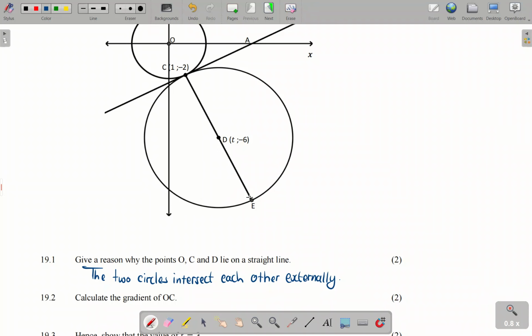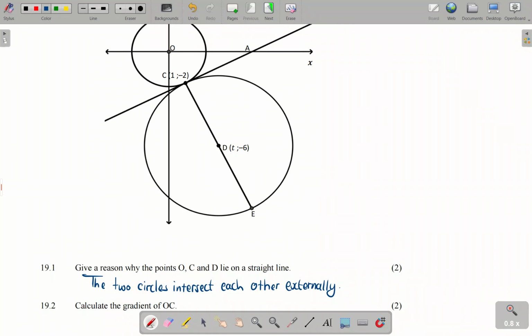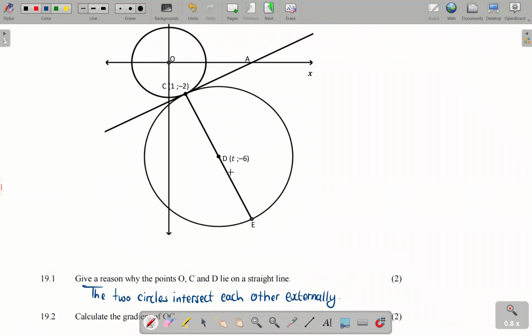You can see that this line passes through the center D and the center O, and it also passes through where the intersection happens, through the point A there.